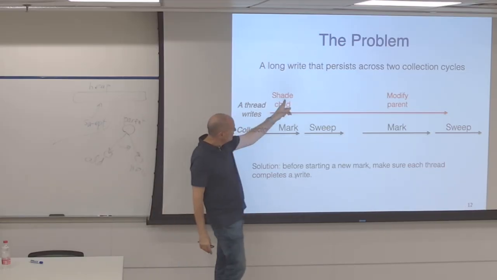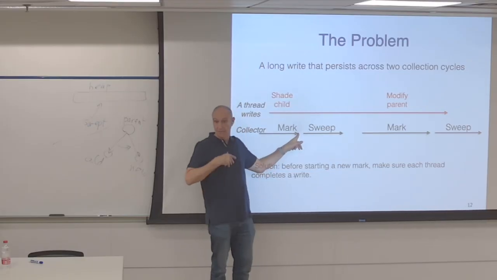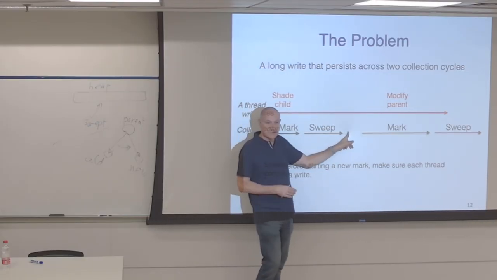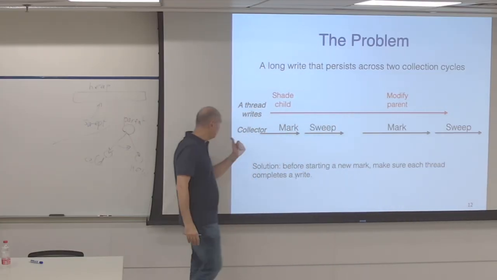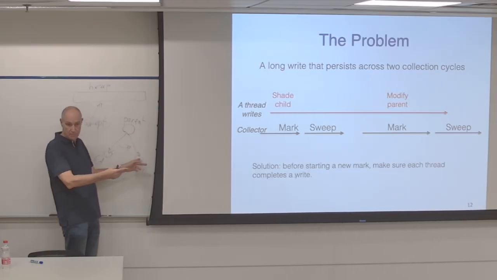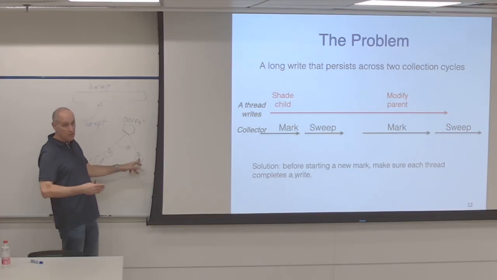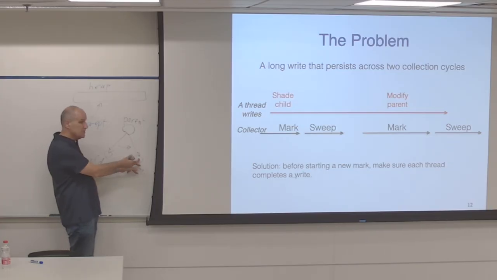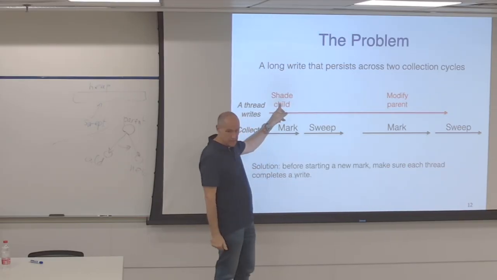So if the program shades the child, makes it gray, and then the marking is done, it makes it black, and then sweep makes it white, and then a new marking begins, and only then the actual modification is done, but this is by now white because the sweep has made it white. So if we have this long write of the program and a new collection, where now the marking phase is seeing this, it might be a black to white edge that no one protects. There's no shading anymore going on because the shading is already gone.